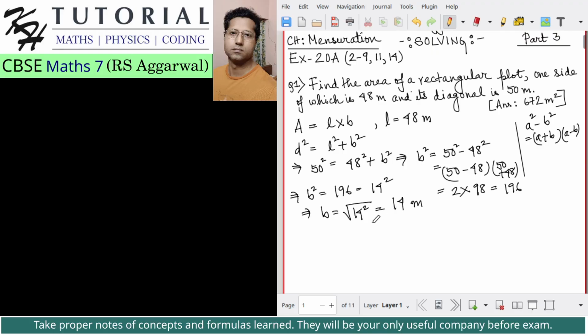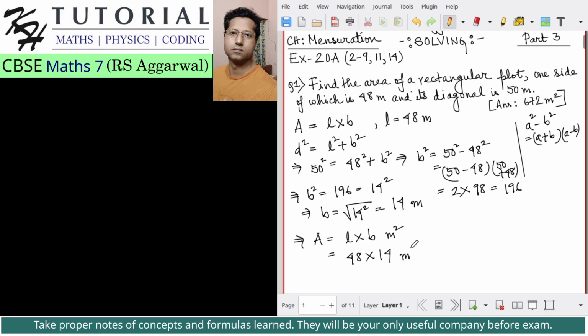So we now have L and B. We can now easily find the area. Therefore, area A is equal to length multiplied by breadth. Since the unit of the dimensions is meter, the unit of the area will be meter square. So L is 48 and breadth we have found to be 14.